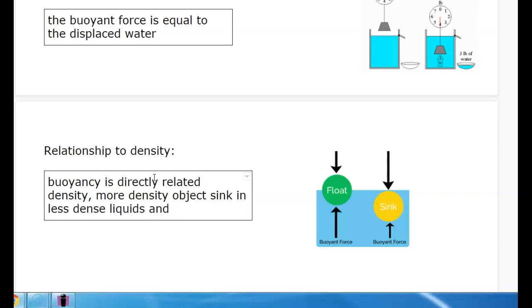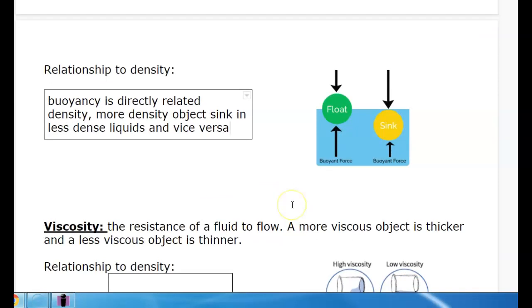And the opposite is true, so vice versa. Less dense objects will float in more dense liquids. Okay, so that's going to be the relationship of buoyancy to density. And so we're going to be able to look at the object and whether it sinks or floats and be able to rank how it ranks in terms of density.